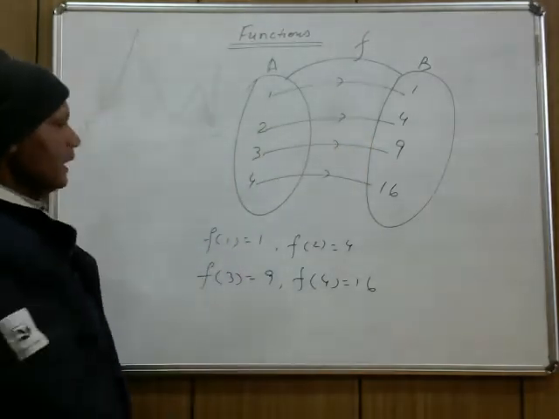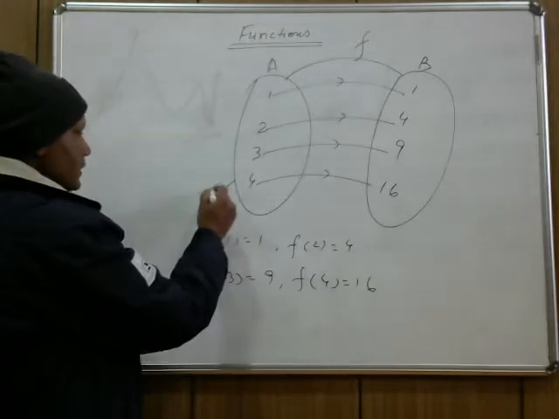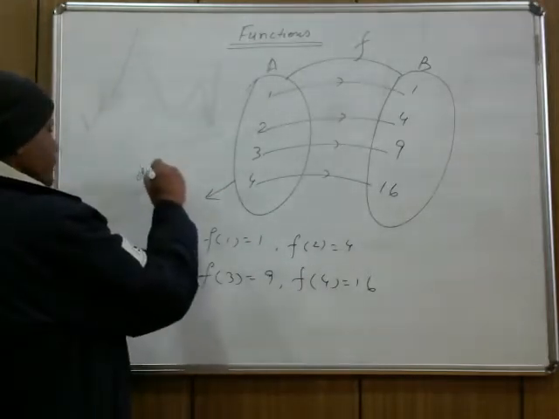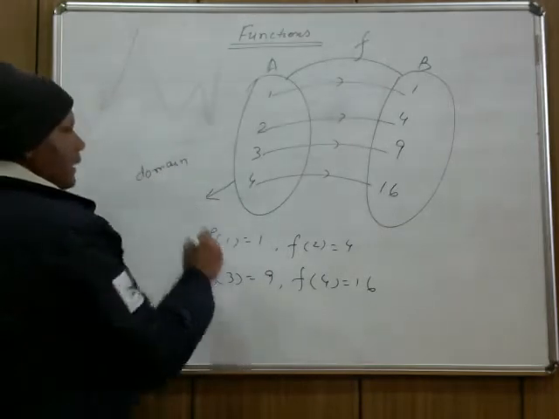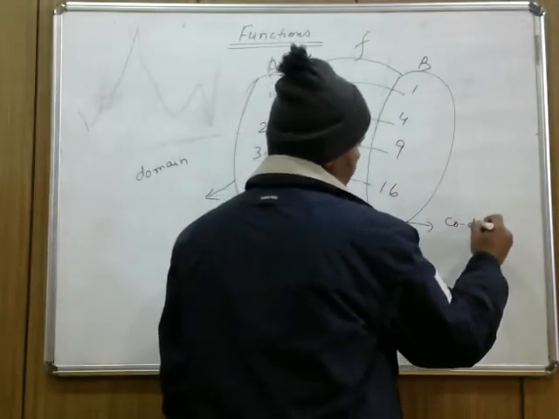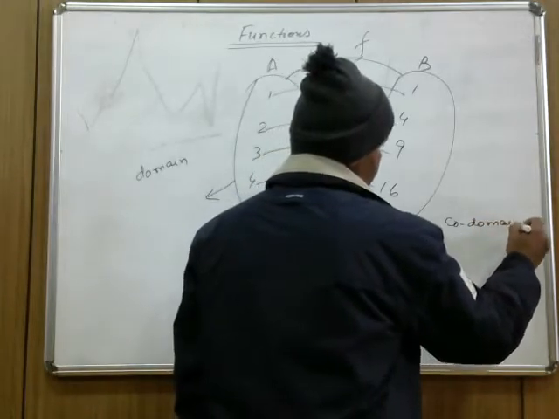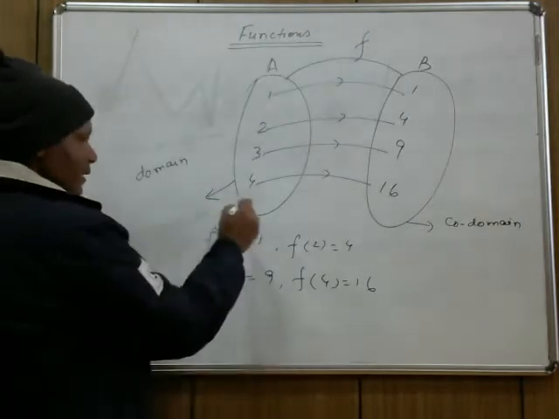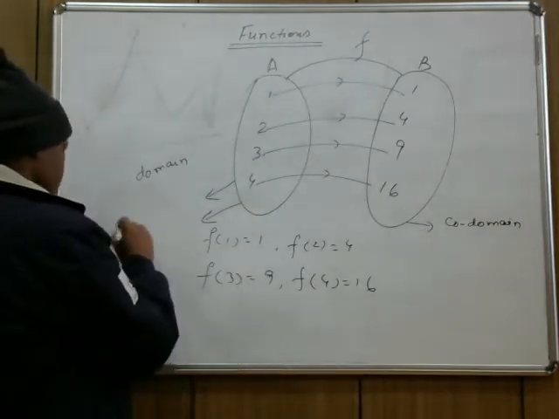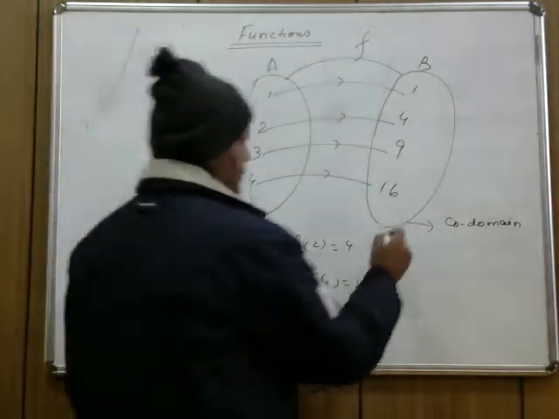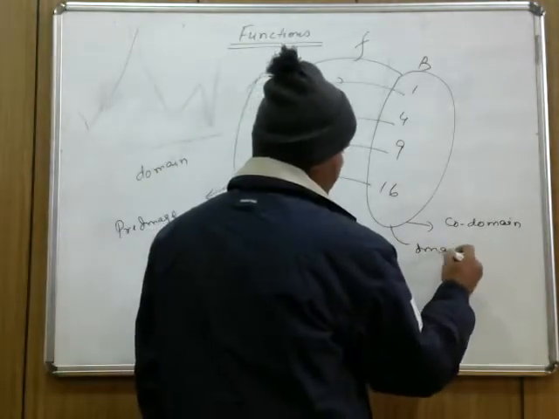Also, I would like to remind you, all the elements of this set are called the domain, and all the elements of set B are called the codomain, right? One more thing, these are also known as the pre-image, and this is also known as the image.